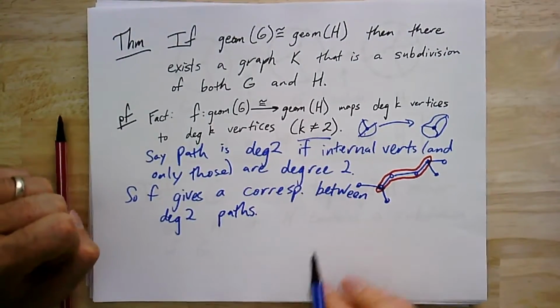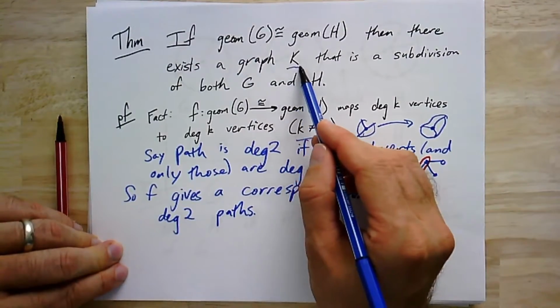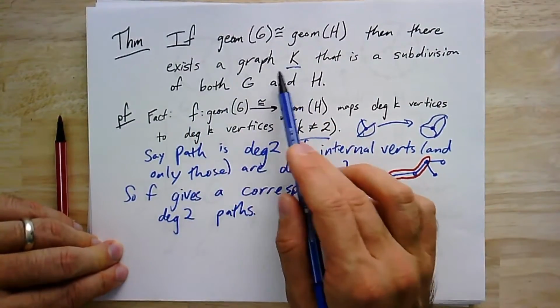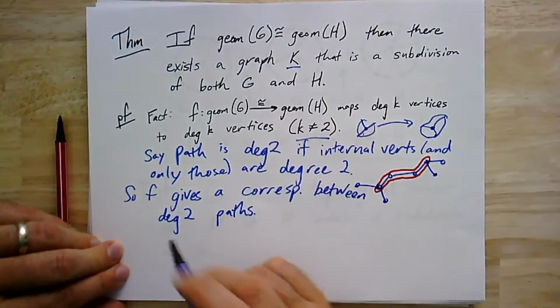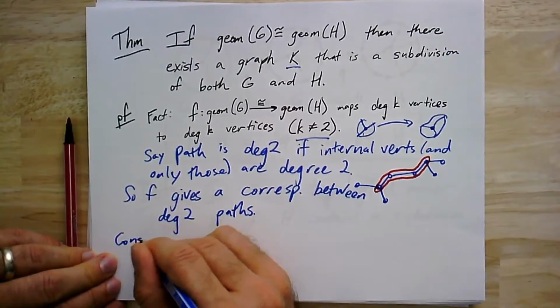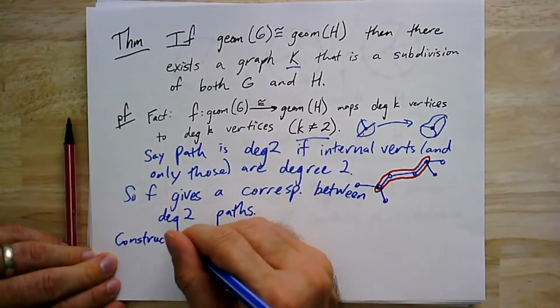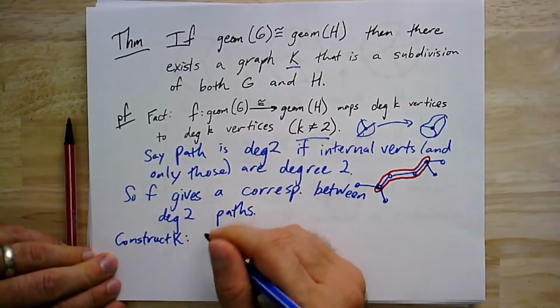So once we have that, we're going to construct this common subdivision. Remember, the goal is to show that there exists a common subdivision of both. We'll construct it in the following simple way. Right, we'll prove it exists via a proof by construction. So we'll construct K as follows.